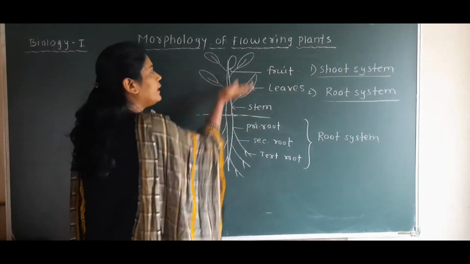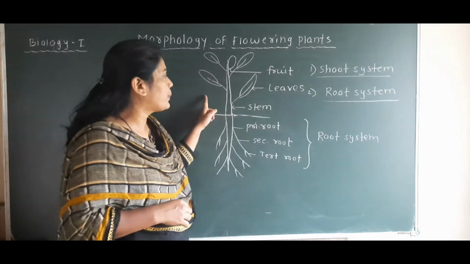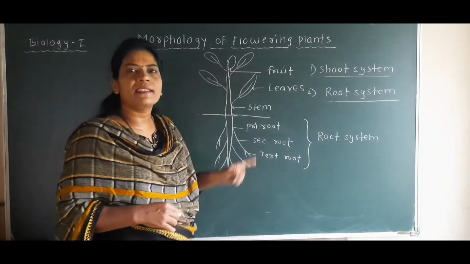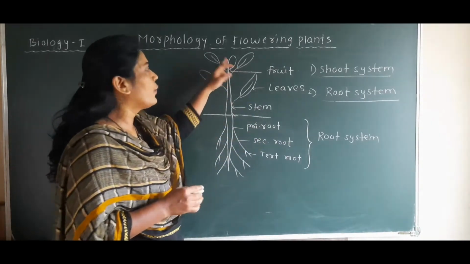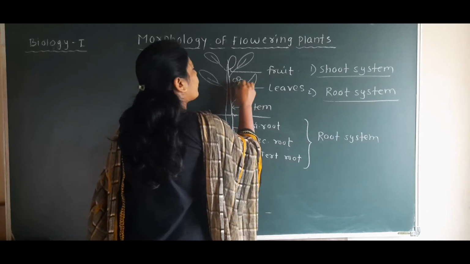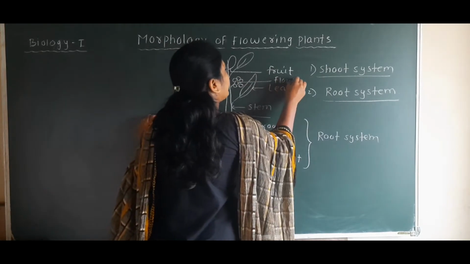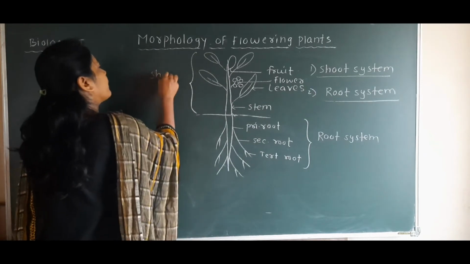And above the ground there is a stem. On the stem there are different branches. On these branches there are leaves. On that branch there are also fruits. You will also observe the flowers. So all this together we label as the shoot system.